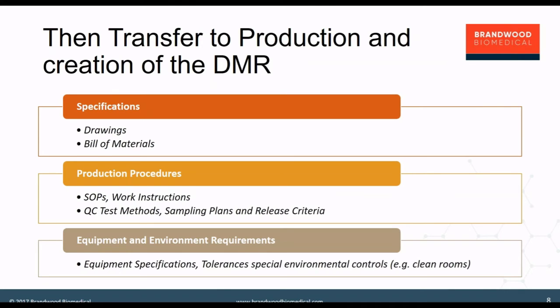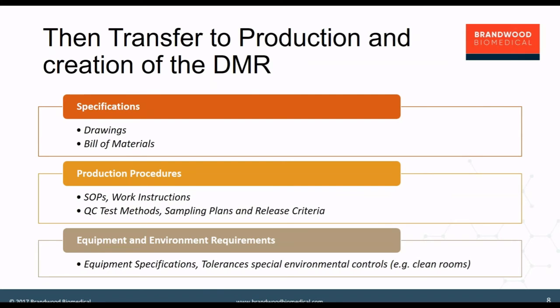That will include the current specifications and only the current specifications, such as the drawings, the current bill of materials, all your production procedures which will be used through the manufacturing process, so all the essential SOPs to manufacture the product, your sampling plans, quality control protocols and templates, and all the explanation on the release criteria and so on and so forth.